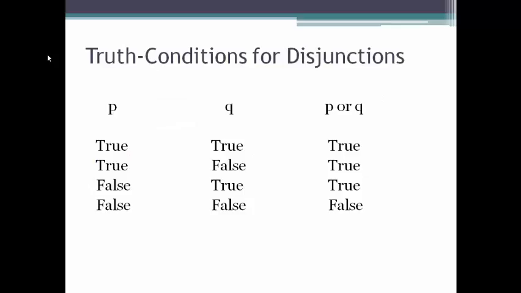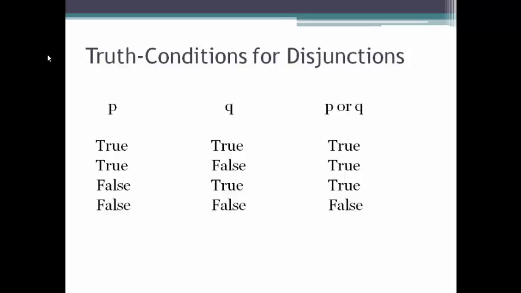Once we've established that we're using disjunctions in the inclusive sense, we can see that the truth conditions for disjunctions are as follows. When both P and Q are true, the disjunction is true. When P is true but Q is false, the disjunction is still true, because the one part is. When P is false and Q is true, same story, still true. It's only when both P and Q are false that we get the disjunction as false.